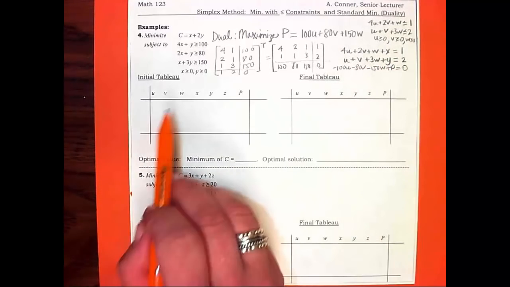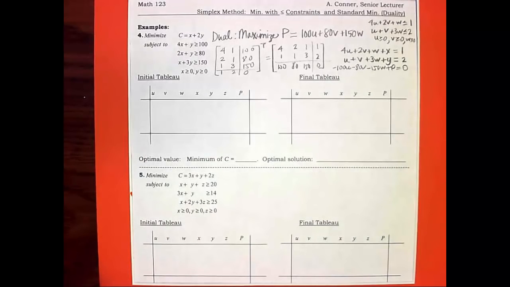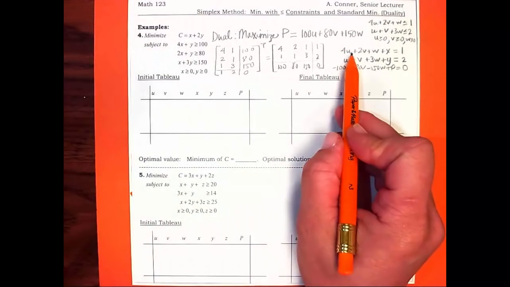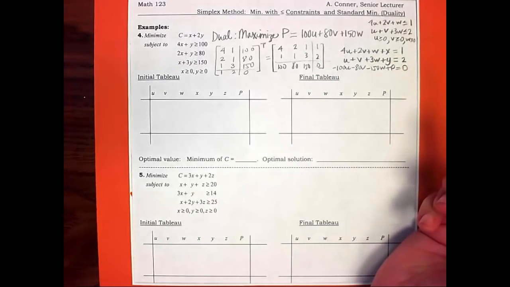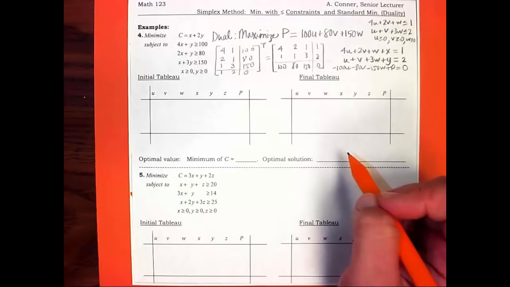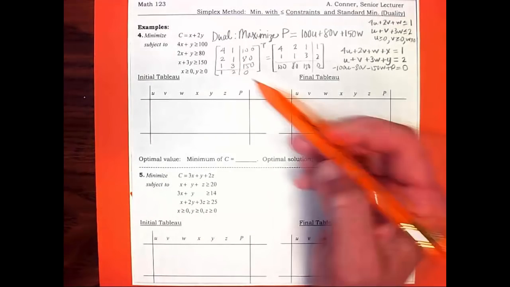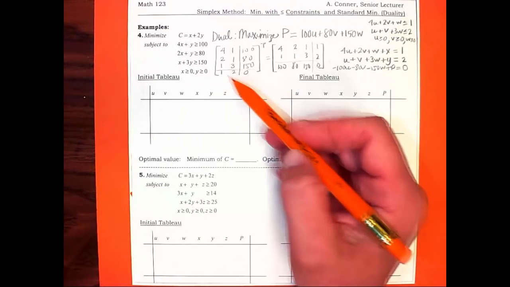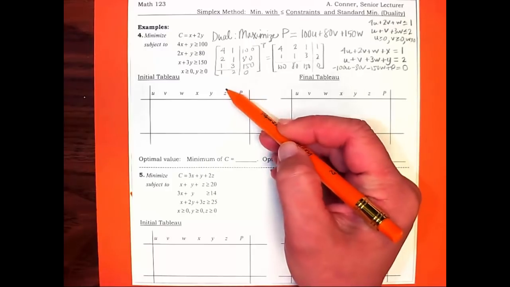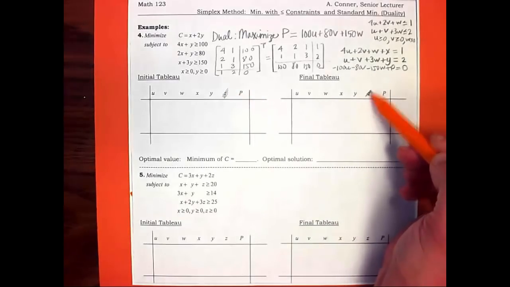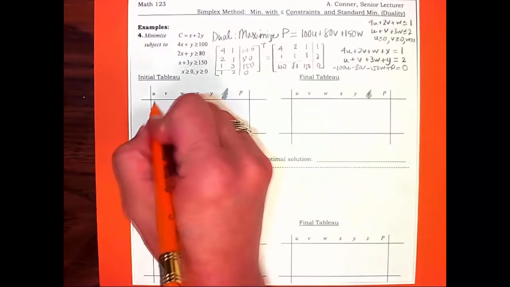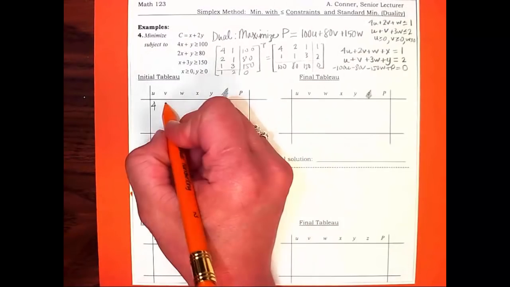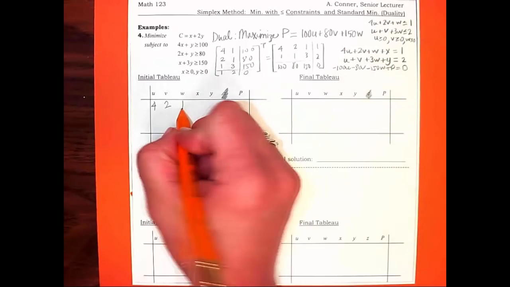I've tried to help us out by going ahead and putting these tableaus in here and labeling everything. So we've got U, V, W, and then slack variables of X, Y, and actually I've got an extra variable in here. So I accidentally didn't delete that from the previous problem I copy and pasted from. So let's just mark out Z. We don't need Z. We would only need Z if we had a third equation right here. 4U, reading off here, plus 2V plus 1W.